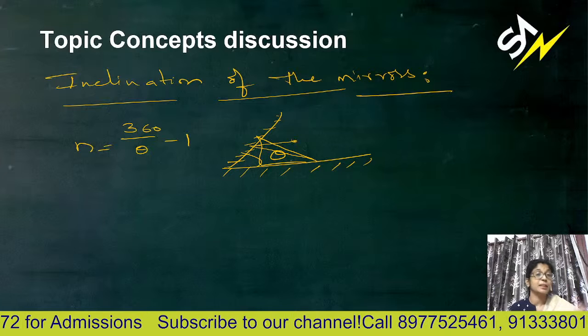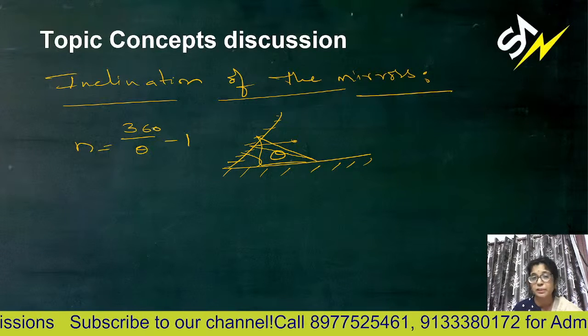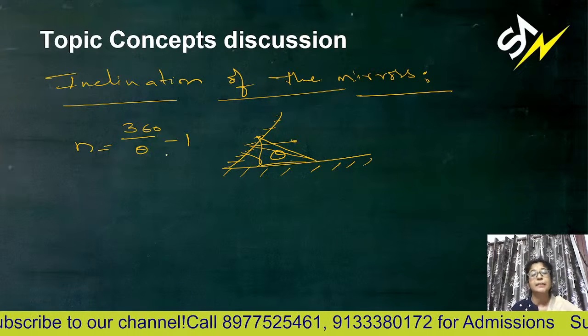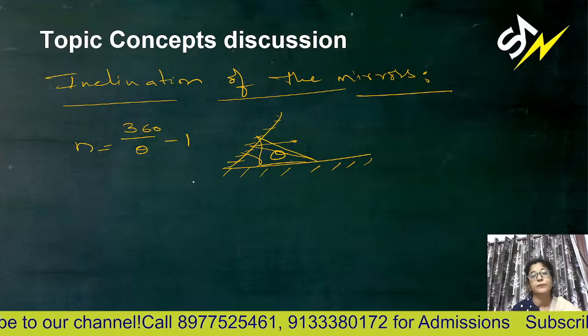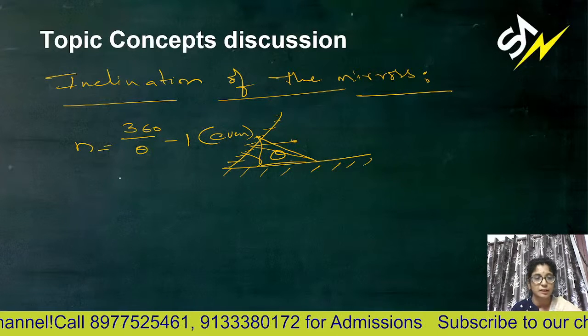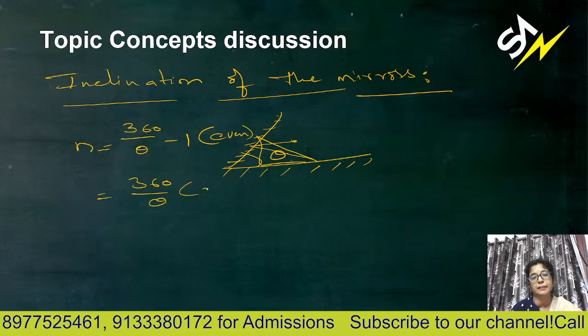That is the reason why we are subtracting 1. If you are getting an odd number by using 360 by theta, then you can leave it. No need to do minus 1. If you are not getting odd, then you have to subtract. Okay, this is only for the even number of images. For odd number of images, it is only 360 by theta.